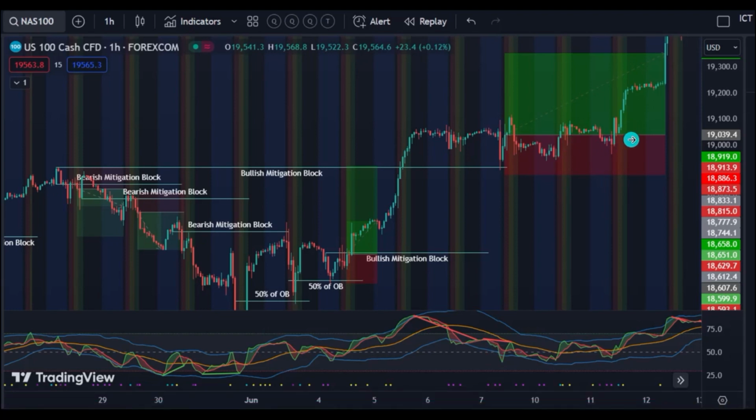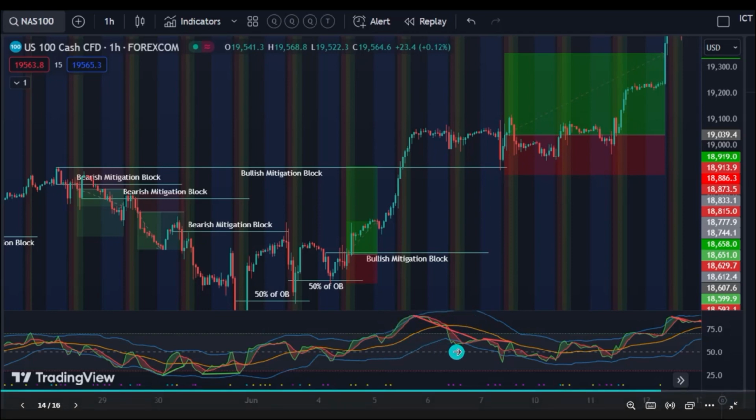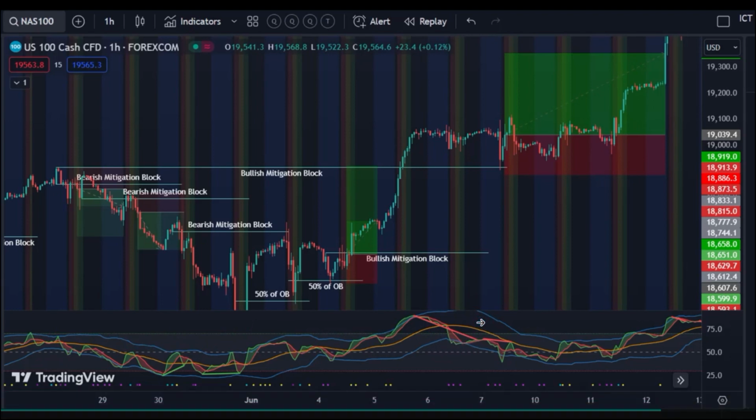We can take an entry, and then price moves to the upside. And again, we can feel pretty confident that we'll get a nice large move because we have a lot of volatility with the volatility bands. They're wide over here, and over here they're small. So we're looking at larger volatility, so we can expect larger moves.